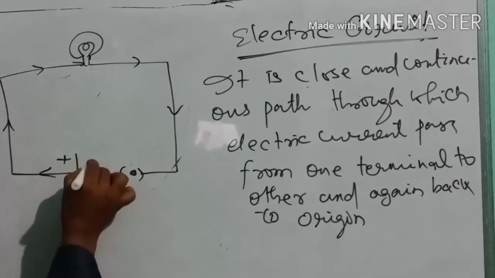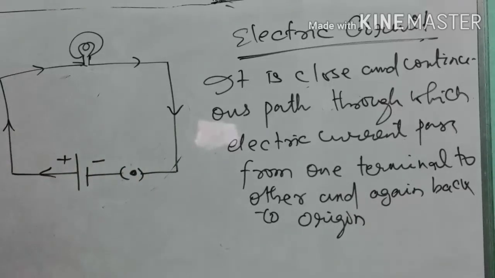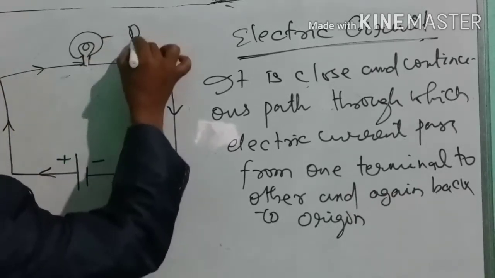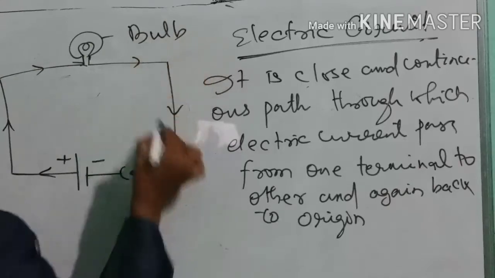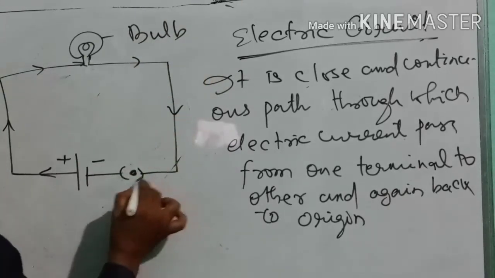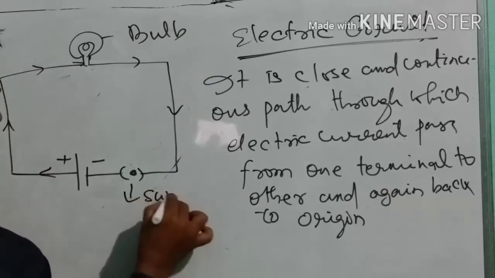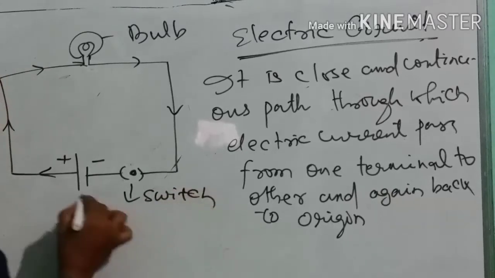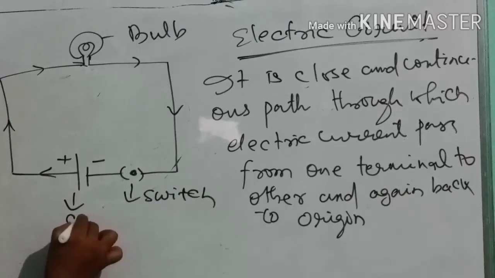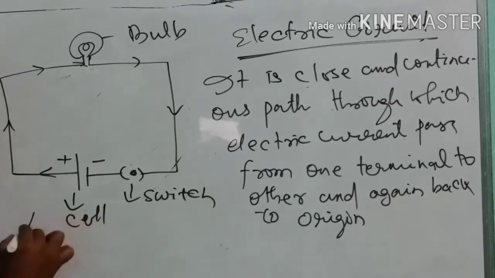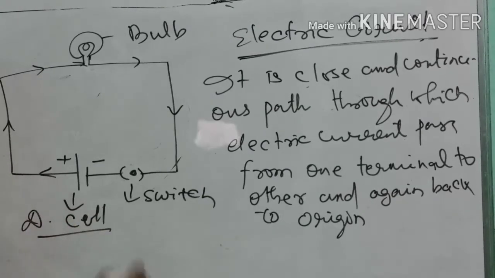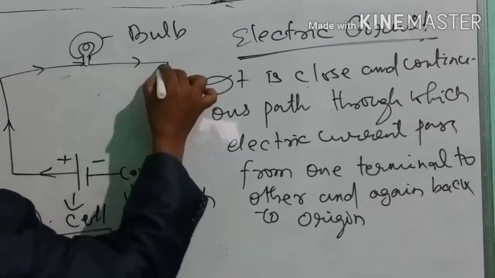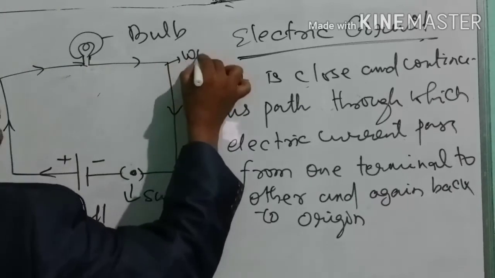This is your positive terminal, this is your negative terminal. You see, this is your bulb, this is the switch, this is your cell, electric cell or dry cell. And this is the wire.